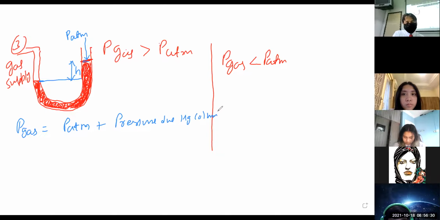Let me write it in another step: atmospheric pressure plus the pressure due to the mercury in this tube, and I have the expression for that. It is given by h, density, gravity.